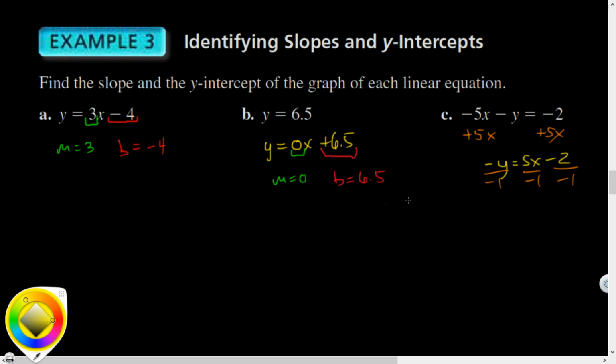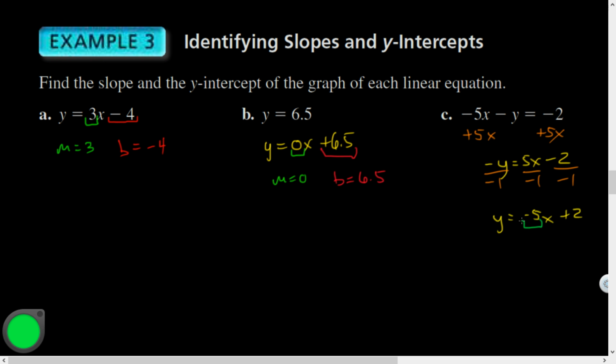And I will get y equals negative 5x plus 2. And so my slope, let's see, Angela, what do you think the slope is here? Yeah, the slope is the negative 5, the coefficient of the x term, and the y-intercept is positive 2.